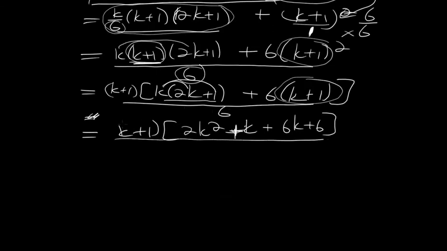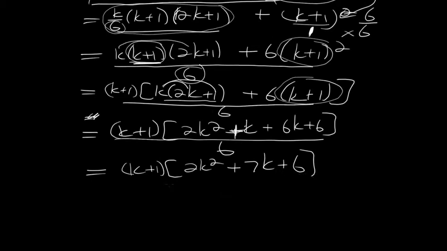Just remember your brackets here, otherwise it looks as if the 1 is multiplied with the bracket and not the k. Then you have (k plus 1), and then you have 2k squared plus k plus 6k, so that's 2k squared plus 7k plus 6.